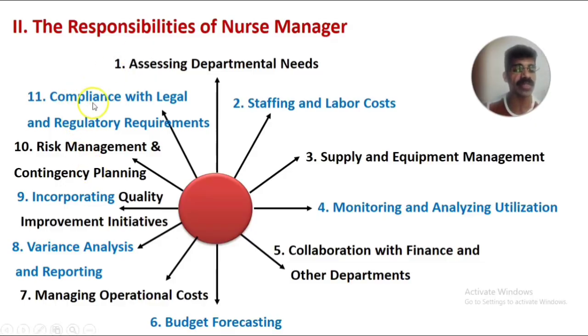The eleventh and last is compliance with the legal and regulatory requirements as per the regulatory bodies. So these are the 11 important responsibilities of the nurse manager, nurse administrator, or nursing superintendent in the hospital or healthcare system.